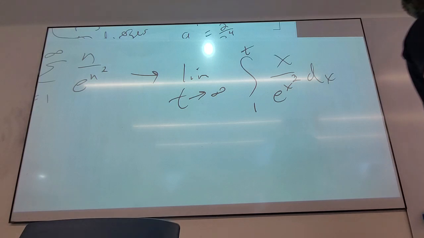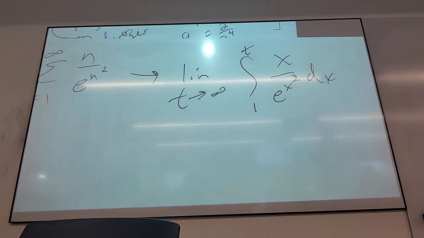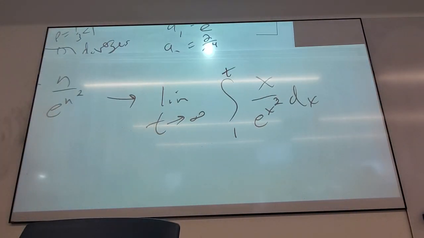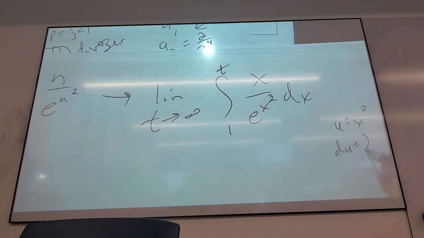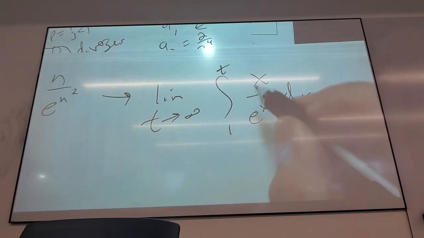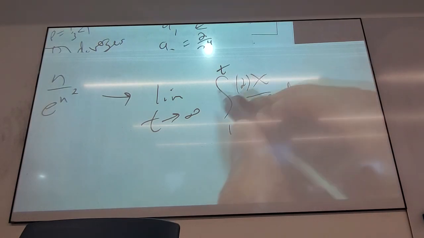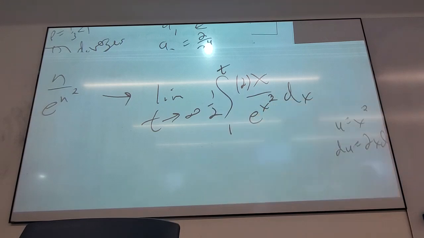Do you see a function in there whose derivative is in there also? And we don't care about numbers. We can make numbers do whatever we want to. We made them. So if u is x squared, du is sort of. Now we have to be a little more careful, right? If u is x squared, du is 2x. So what am I missing? 2. So I better put a 1/2.